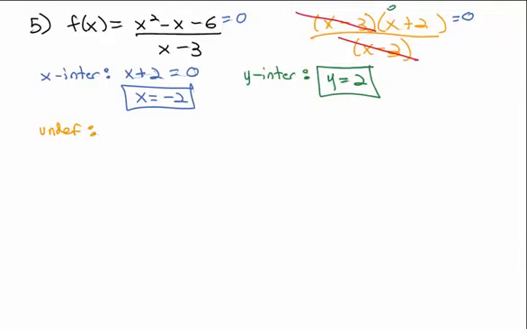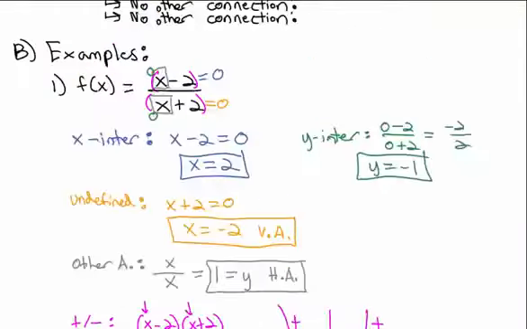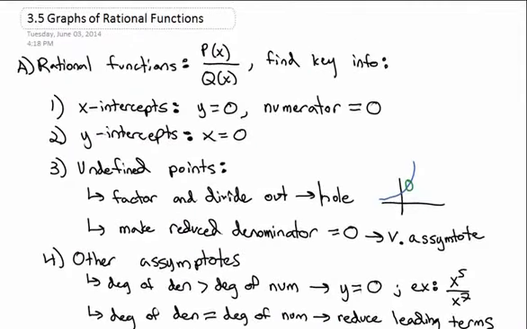Our undefined points are when the denominator equals 0. But notice, after we reduce, there's nothing left in the denominator. This means we don't have any vertical asymptotes. However, we still have an undefined point. This is the piece we don't use very often, going all the way back to the beginning, but when we do, it becomes important.